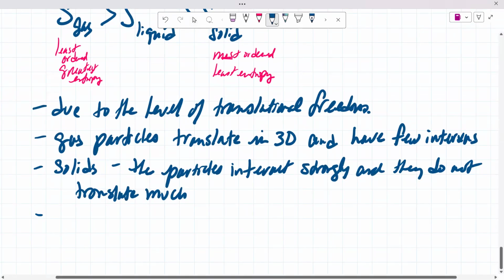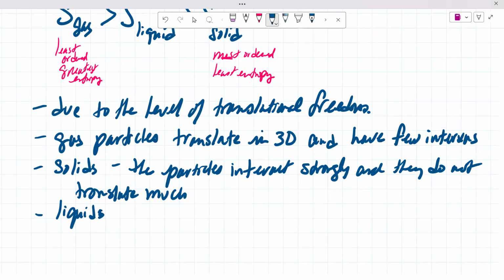Liquids are in the middle. They have more or less fixed volume, I'll just put approximately in parentheses.